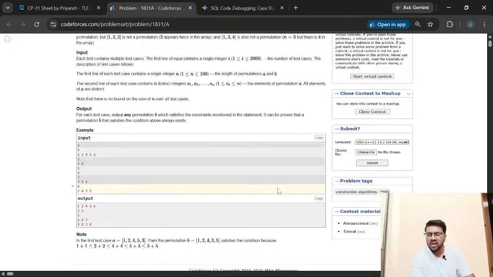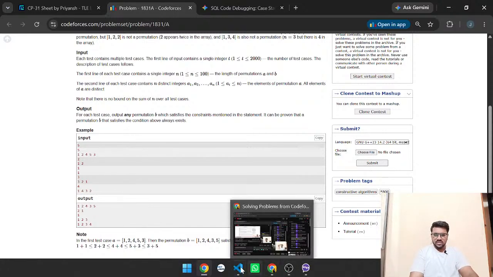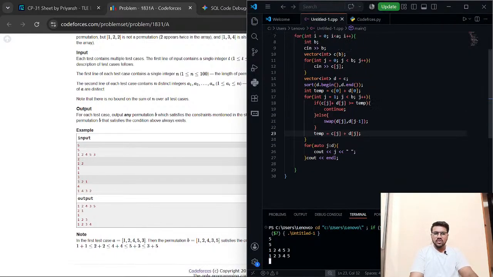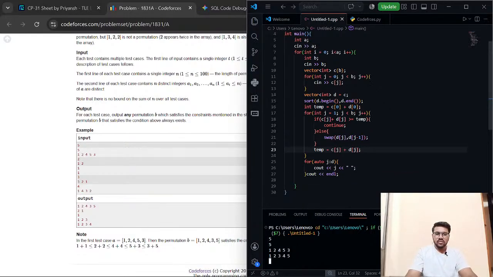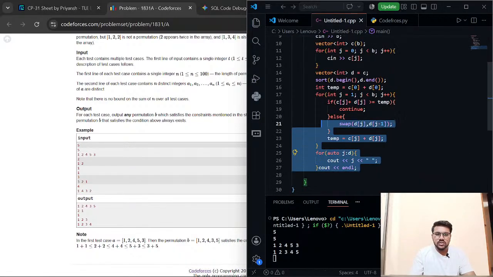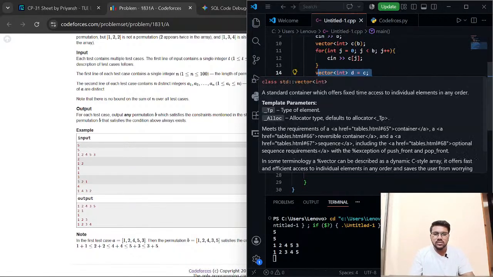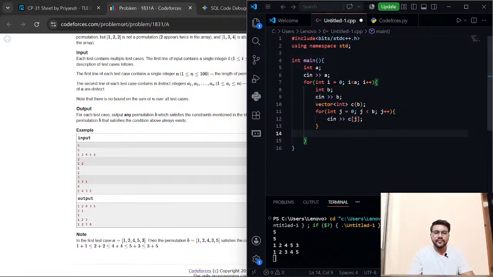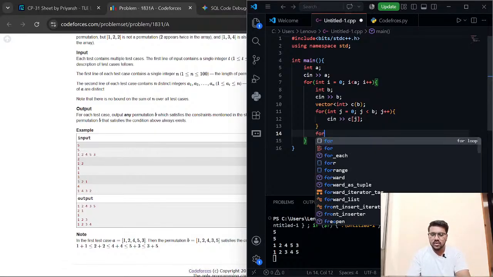Acha, now I got it. There was a formula for this, chat, which I did not use. I was just swapping the integers. I went with that method. What I'll do now here is, we got it right.